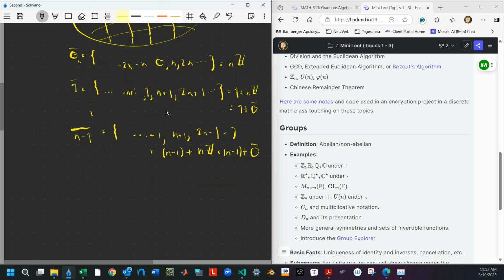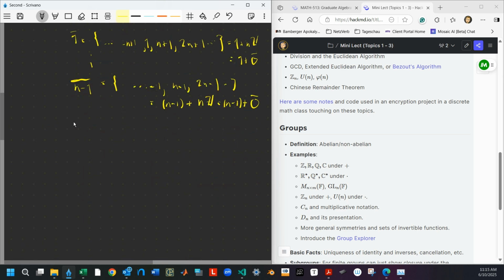Now in this case, we get something more. We can actually do algebra on these things. So we can define m bar plus k bar, and these can be any integers. The way this is defined, these can be anything. And maybe I put an n down here, it's implied by the context.